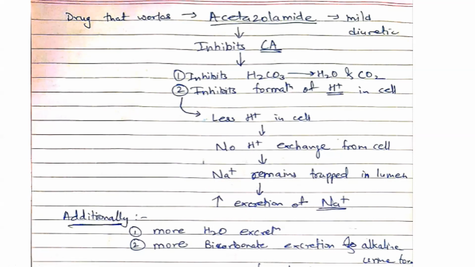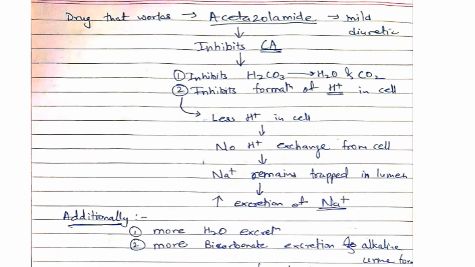You may think, wow, I am able to inhibit reabsorption of sodium at a point where it is 65% reabsorbed, so it should be a very strong diuretic. But no. Acetazolamide, a drug which represents diuretics that inhibit carbonic anhydrase, a class called carbonic anhydrase inhibitors, is a mild diuretic.